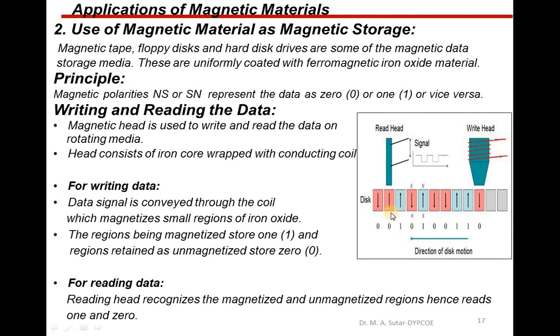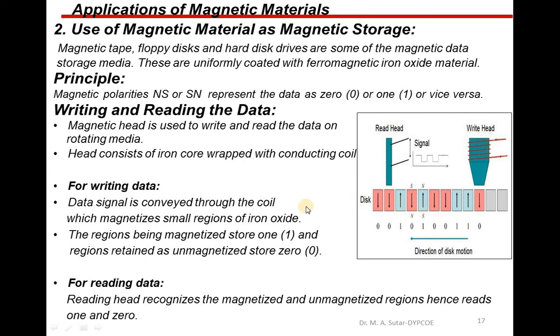Similarly, while the data is being read with the help of the reading head, whatever induction is produced over here will be caught by this reading head, and the signal will be given to the processor, so that we can understand what is written on this particular disk.